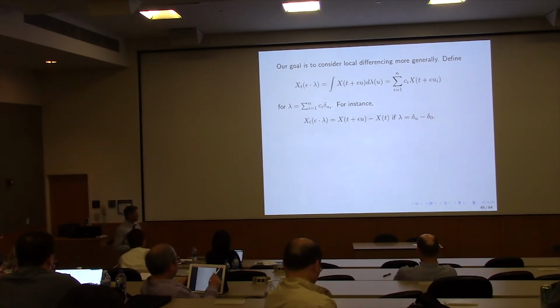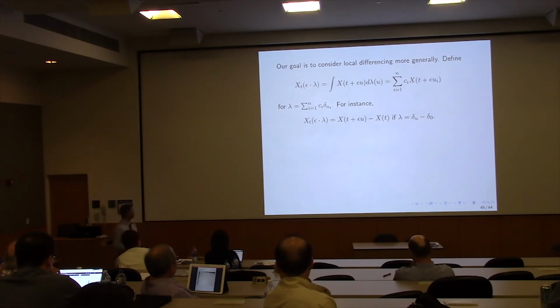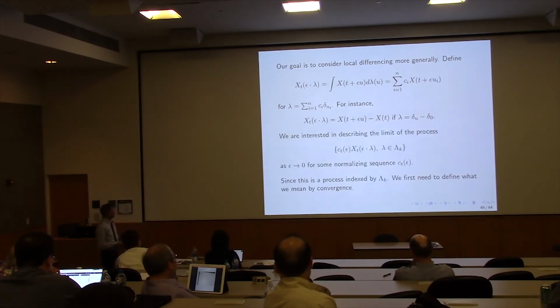So I don't have time to really go through all my slides. I'm just going to quickly give you a summary of what's in the remaining slides. I'm going to consider this differencing operation locally for general lambda, not just the order one differencing operation.